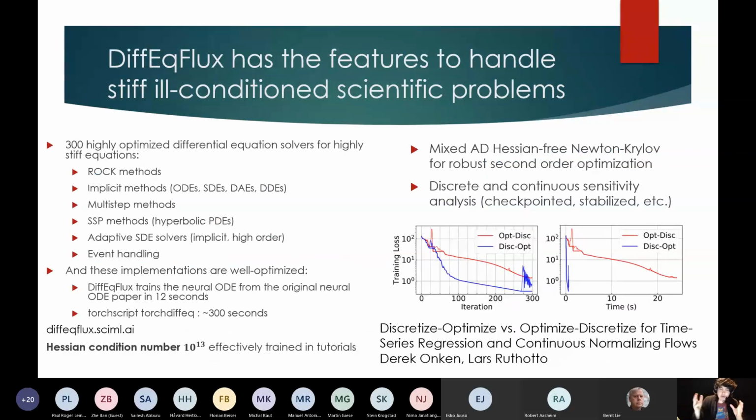The core here has really been DiffEqFlux, which is able to handle these stiff, ill-conditioned scientific problems. It's able to use neural networks within Rosenbrock methods, implicit methods for ODEs, SDEs, DAEs, delay differential equations, and multi-step methods. It has around 300 different differential equation solvers, which can all be used to handle these automated model discovery problems.